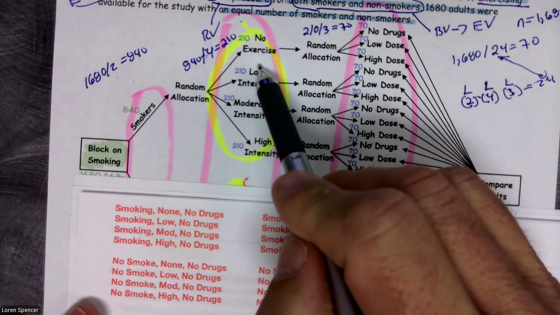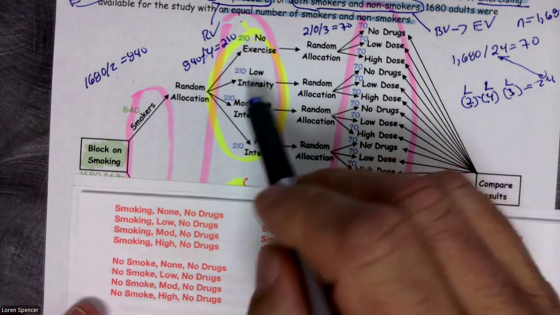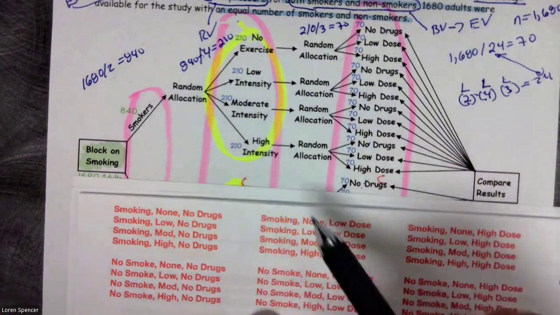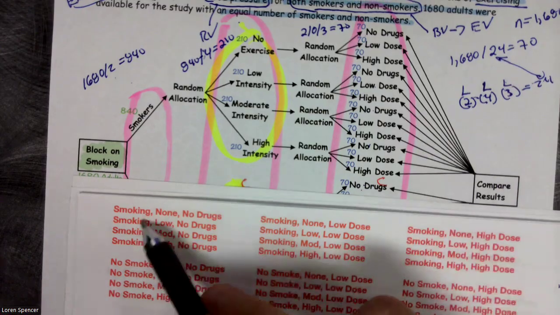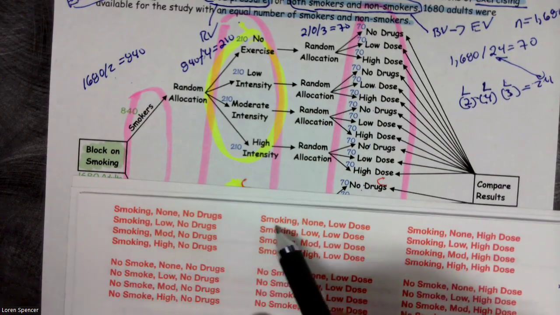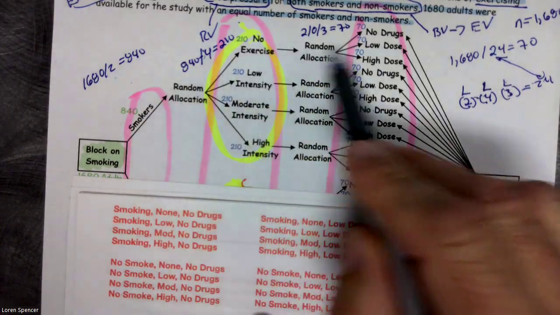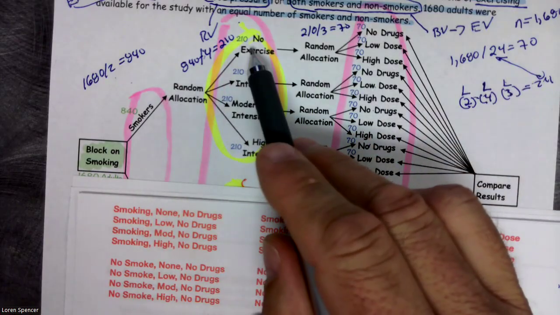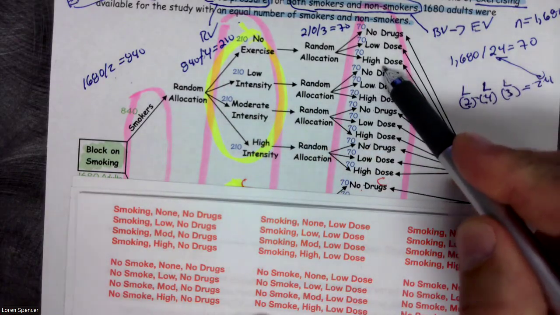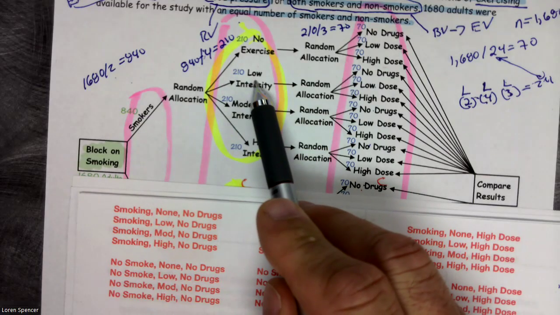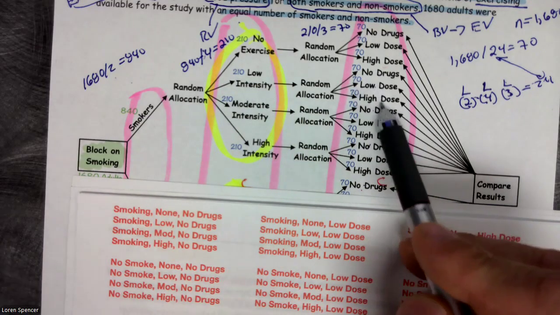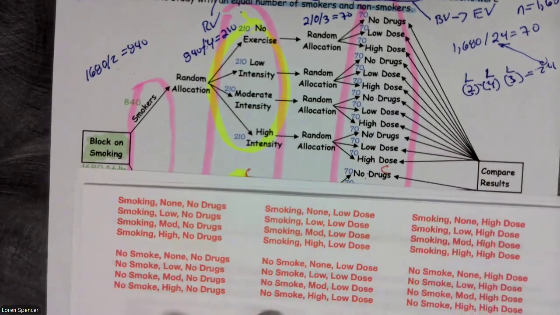Smoking, low exercise, smoking, no exercise, no drugs. Then smoking, no exercise, low dose. Smoking, no exercise, high dose. Then we go smoking, low intensity, no drugs, et cetera, and we keep listing it out.